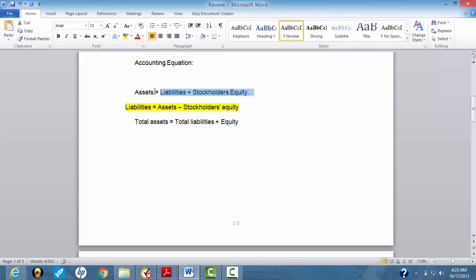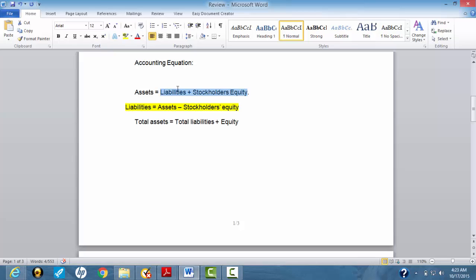If the left-hand side does not change, zero change, then the right-hand side should not also change. There should be zero change. So we'll be applying these concepts as we analyze transactions and then as we look at some problems.